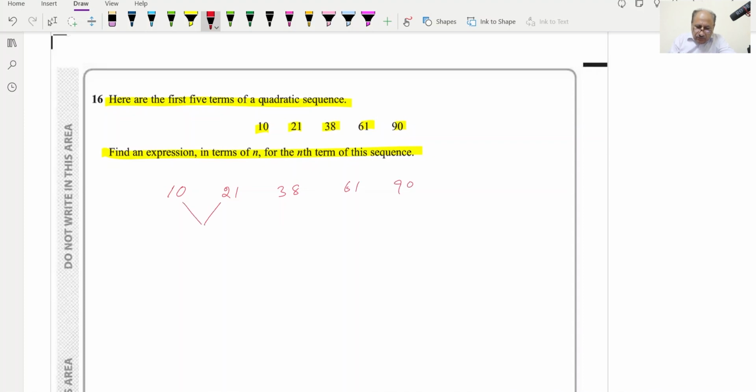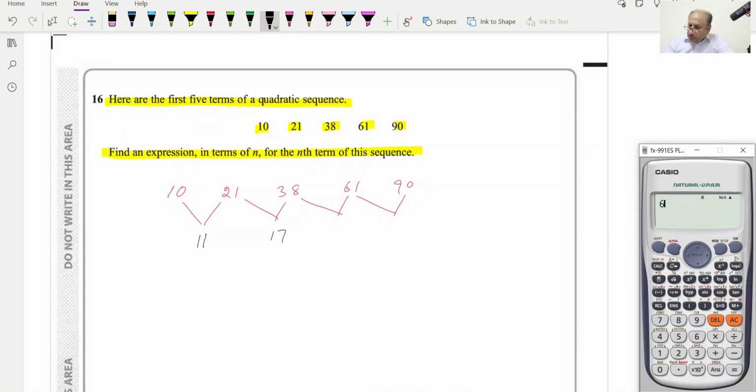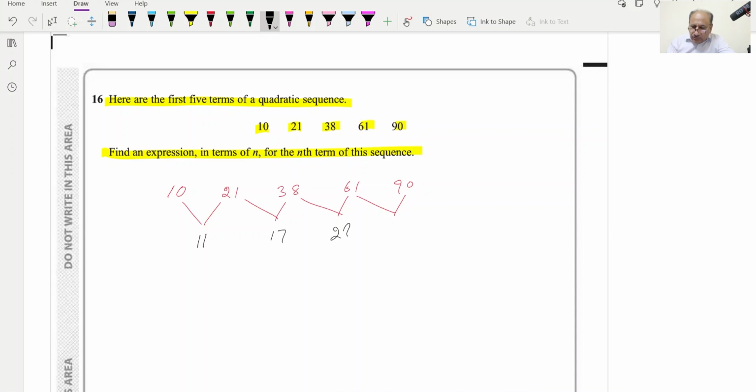We will check the first order difference. First of all, 21 minus 10 is 11, and 38 minus 21 will be 17. 61 minus 38, we can check with the calculator. 61 minus 38 is 23, and 90 minus 61 will be 29.